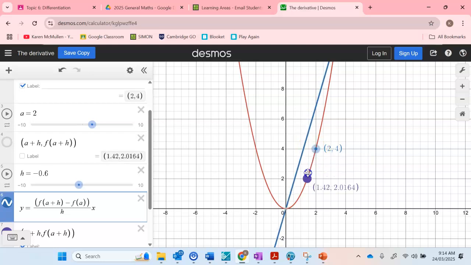As this purple dot gets closer and closer, at this point we're just doing the average rate of change between the two points. So we're still doing the average rate of change, but my value of h, if you look over here on the left side, is getting smaller and smaller. See how it's getting closer and closer to 0? As it gets closer and closer, we are reaching our instantaneous rate of change.